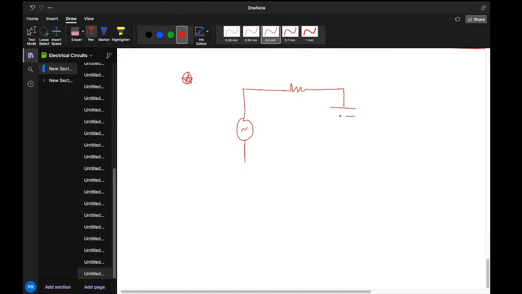We have a capacitor C over here, and we have an inductor over here. Cool, guys. So this is L over here, this is C over here, this is R over here. The input is having a phase of 0 degrees and 5 volts maximum.